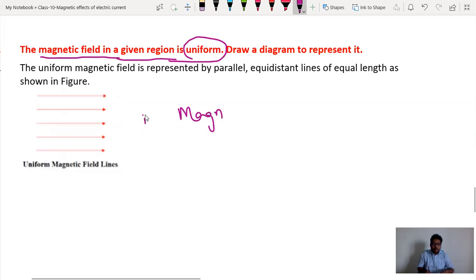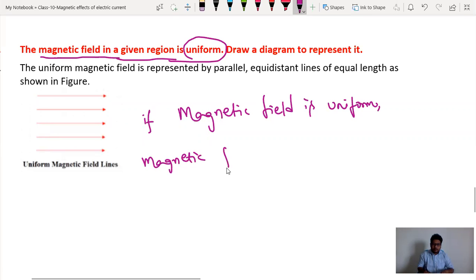If the magnetic field is uniform, magnetic field lines will be uniform. So uniform means it should be parallel lines, simple.